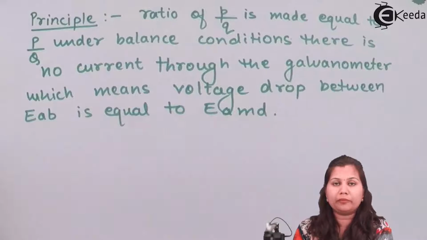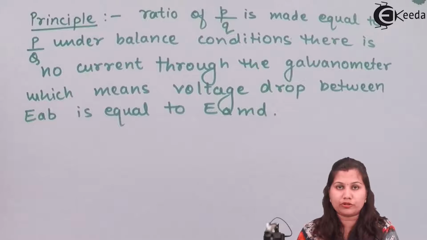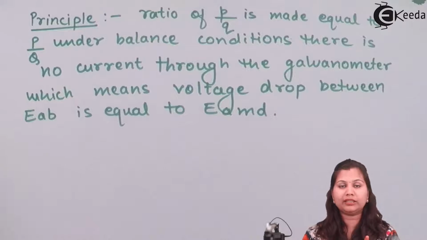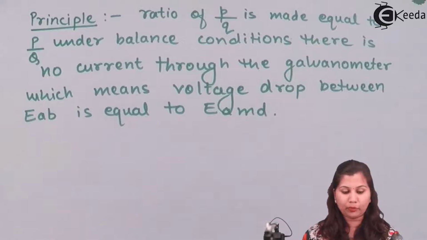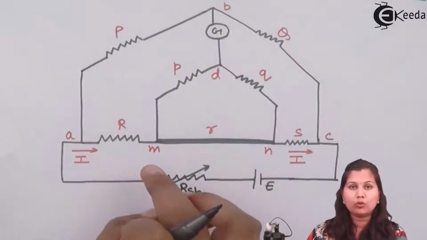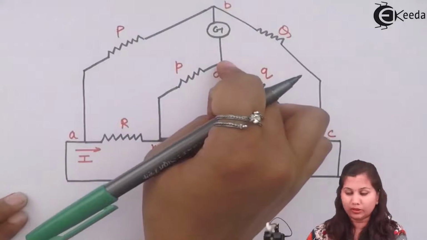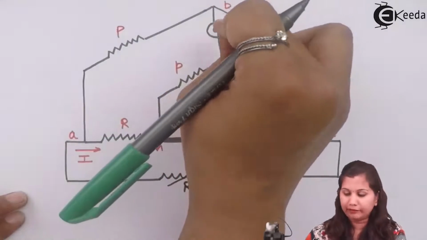So in the Wheatstone bridge, we studied that the bridge will be balanced when the galvanometer gives us no deflection. When there is no current flowing through the galvanometer, that means the voltage drop across AB is equal to the voltage drop across AMD. Then only the galvanometer will give us null deflection.